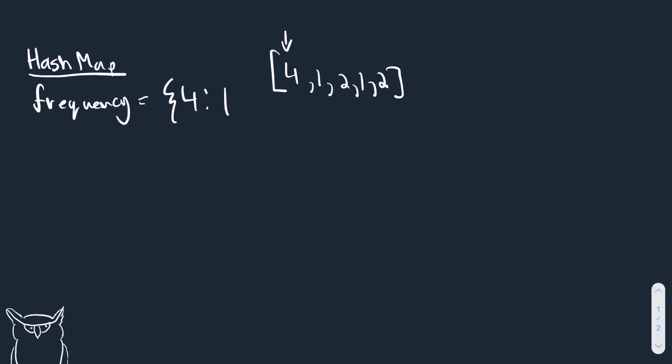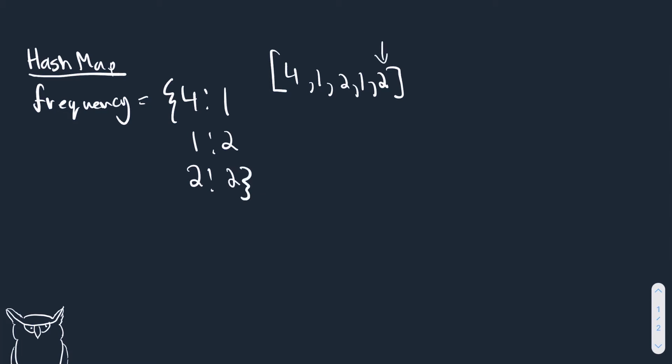On the second iteration, we would add the second element to the dictionary with frequency 1. And then the third with frequency 1, and then update the frequency of 1 in the hash map. Instead we would make it 2, and then same thing with 2.